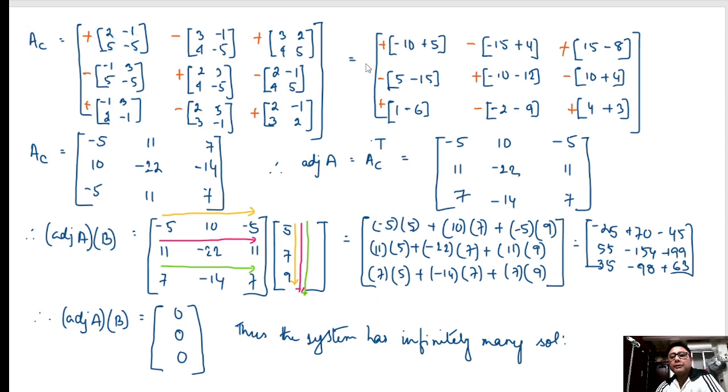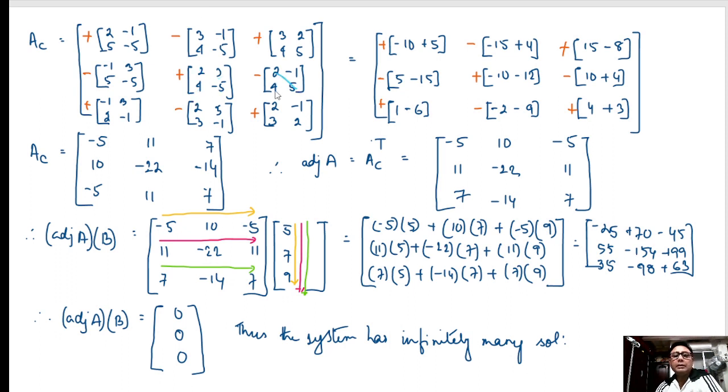So similarly we are calculating all the parts. So this will be minus 15 and this is minus 4. The sign is minus, so it becomes plus 4. Similarly this will be 15, this will be 8, so 15 minus 8. This will be plus 5 and this is 15, so 5 minus 15. This will be minus 10, this is 12, so minus 10 minus 12.